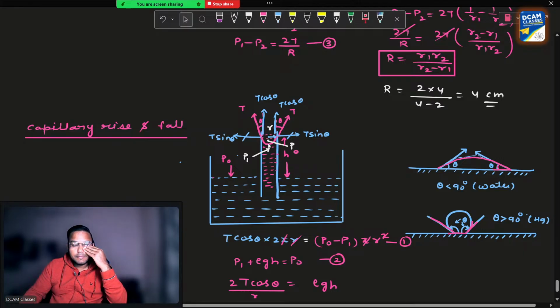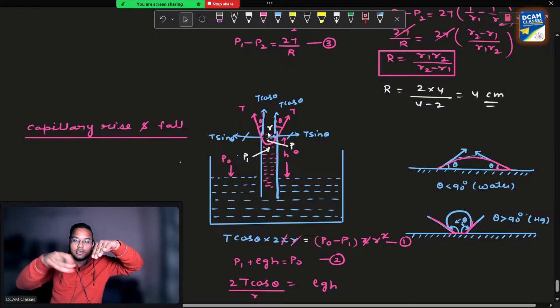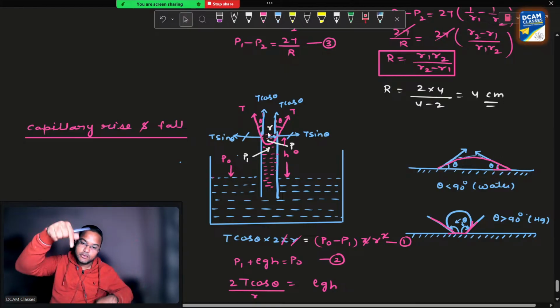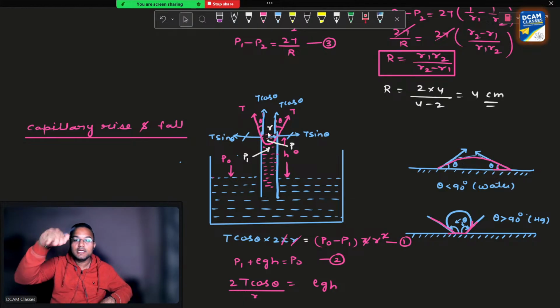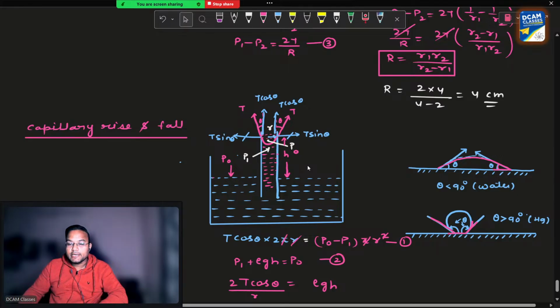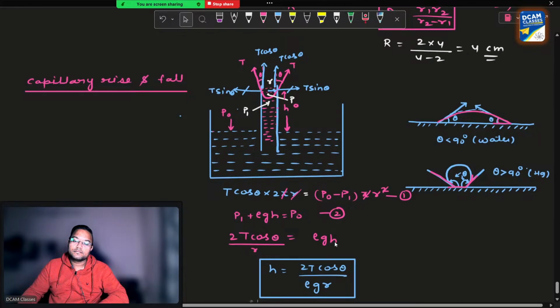In this case, when the curvature is like this, the pressure on the top portion should be higher than the pressure just below the curvature, and that is why it has to rise up. Otherwise, if I made the reverse relation P0 plus rho gh is equal to P1, that won't fit here. The result will be negative. Understood why it rises up?